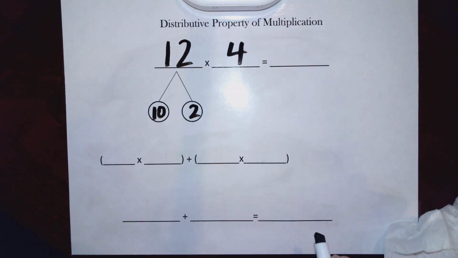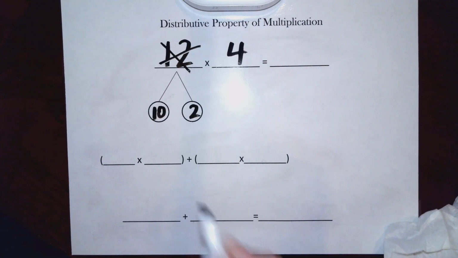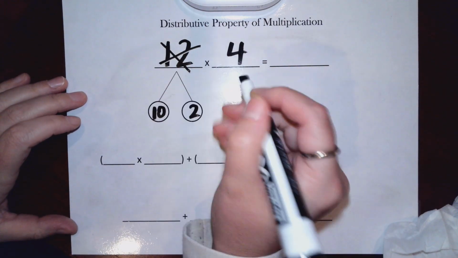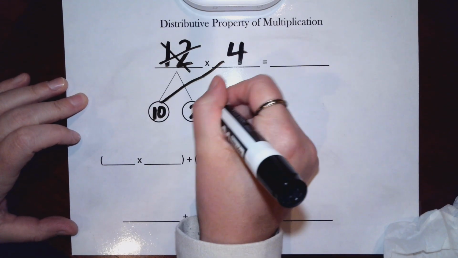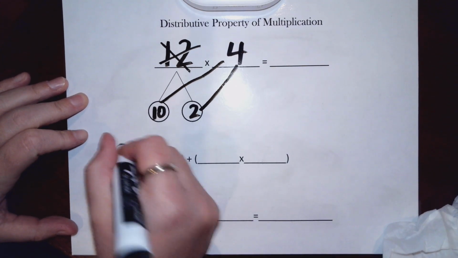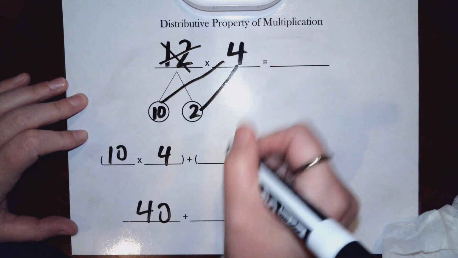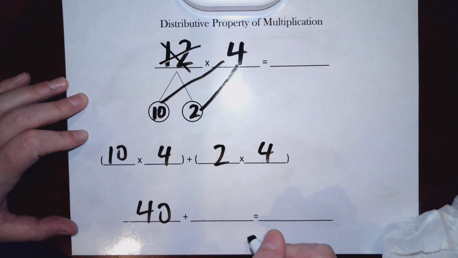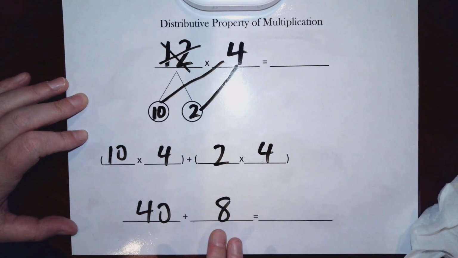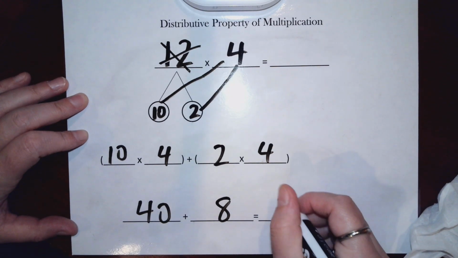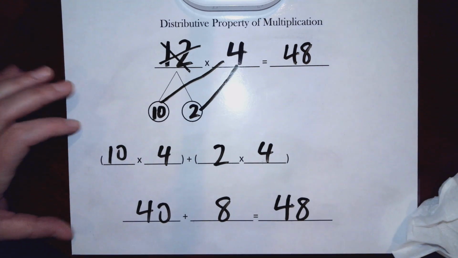Breaking 12 into 10 and 2, I got rid of my 12. Then my first multiplication problem is going to be 10 times 4 and 2 times 4. So 10 times 4 is going to give me what? 40. My 2 times 4 is going to give me what? 8, because I have 2 8s. And then if I have 40 and I have 8, what does that make? That makes 48.